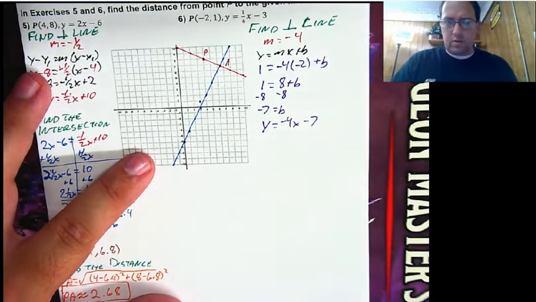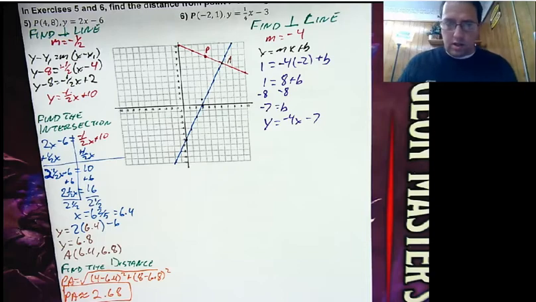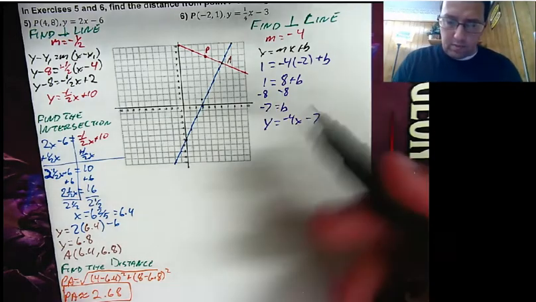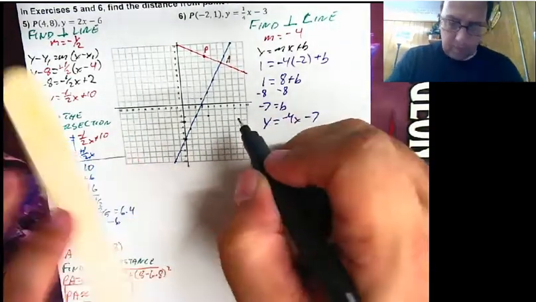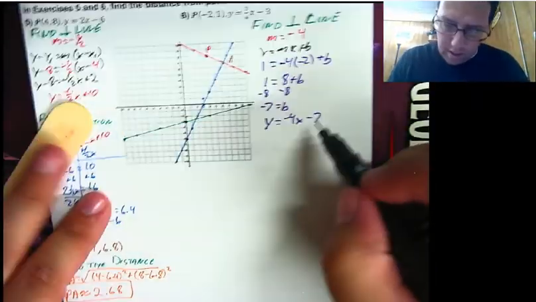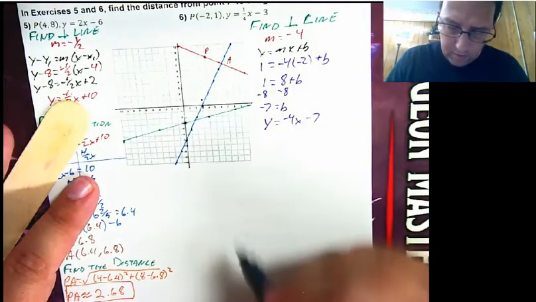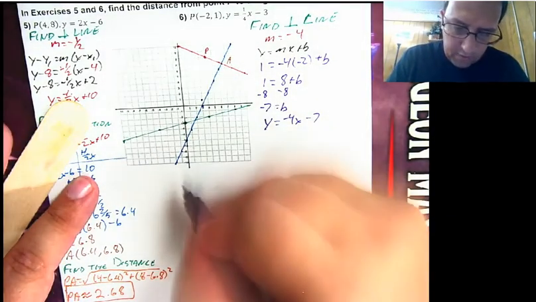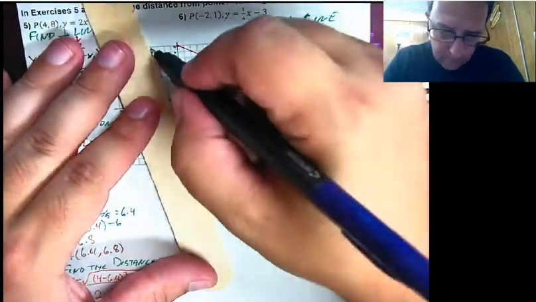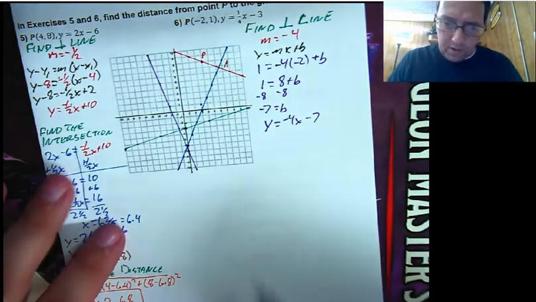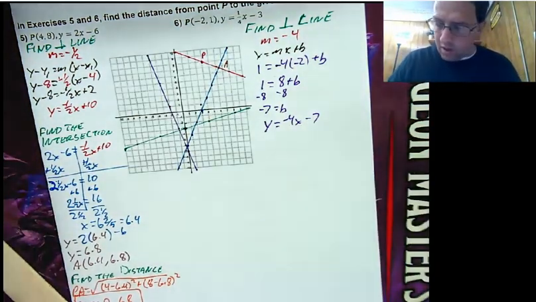And you know what, let's go ahead and graph these two lines just to make sure that we got it right. So I'm going to graph these on the same graph, I'm just going to do them in a different color. And this one had a y-intercept of -7 and a slope of -4. I don't have room, so I'm going to go up 4, back 1. And we see we do have a perpendicular line. It does go through the point -2, 1, so we're good there.